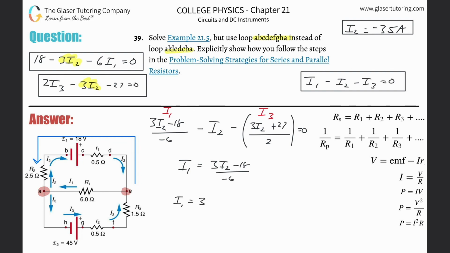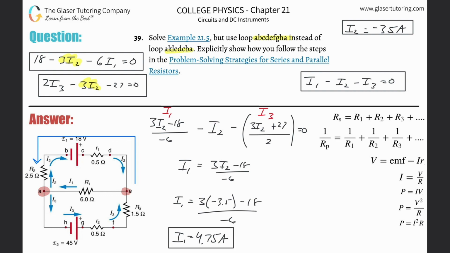Plug in now your negative 3.5 amps in there, minus 18, all over negative 6. I1 now is 3 times negative 3.5 minus 18, then take that all divided by negative 6. That works out to be positive 4.75. Great, 4.75 amps.